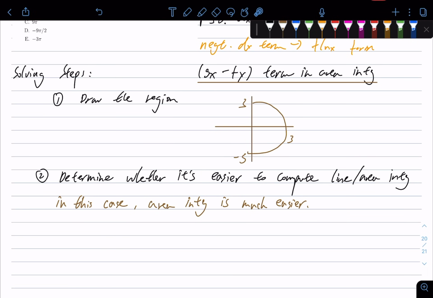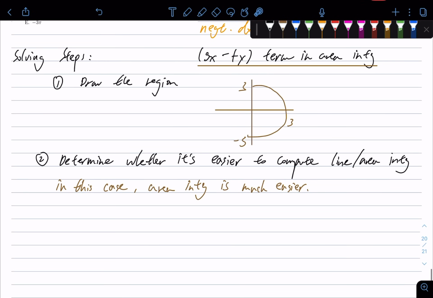Just not fun. But look at the area that's covered. It's a half circle. What coordinates can we use? We can use polar coordinates, and then we can create a double integral in polar coordinates to make our life a little bit easier. So in this case, the area integral is again much easier to do.